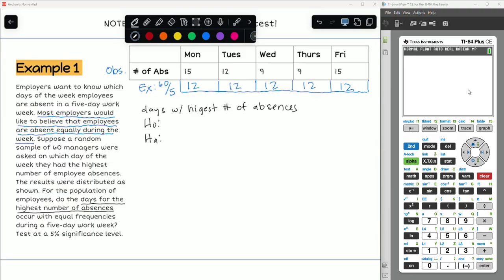And our null for this type of test is always that those occur with the same frequency. So my assumption is that the observed matches the expected. The alternative is that at least one category is different between the observed and the expected.